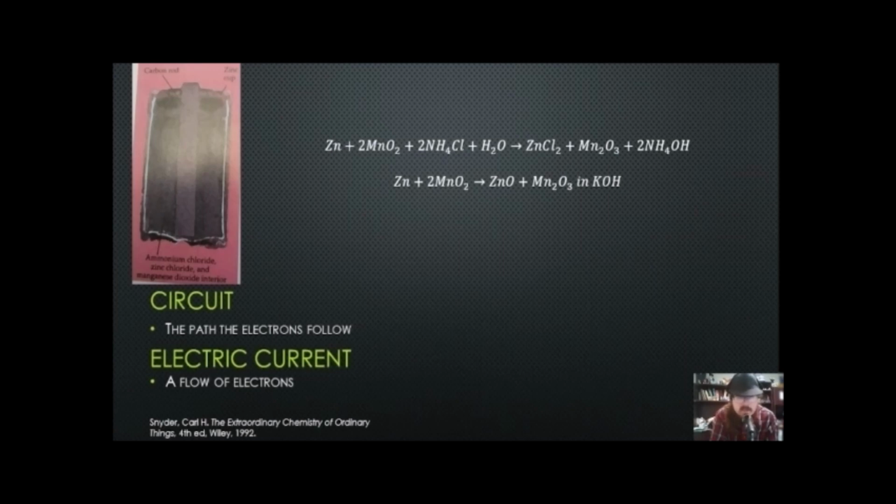But the manganese does the same general process, goes from Mn4+ to Mn3+. And these have a much longer shelf life, though when they explode, they do form crystalline potassium hydroxide on the surface. So not super safe when they explode, but they last a lot longer.